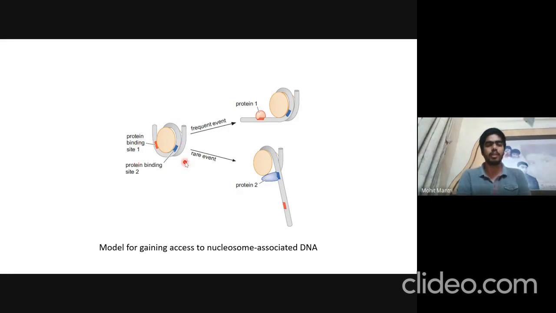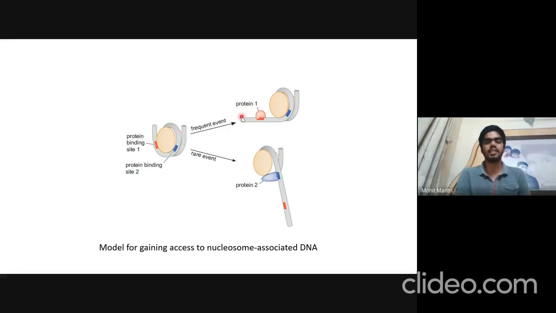For example, the DNA which is away from the core DNA, mostly near the linker DNA, or the region of DNA which is not bound by the histone octamer, can be easily accessed by a protein which has affinity for this binding site. So this is protein binding site 1. The protein which usually binds to this region of DNA can easily bind because it is more accessible to that protein, which is protein 1.